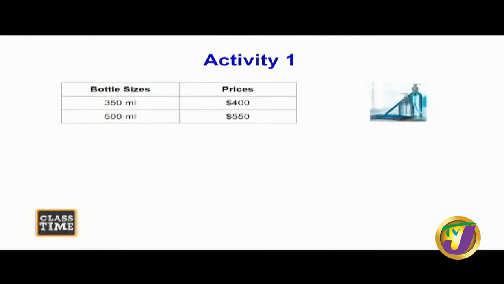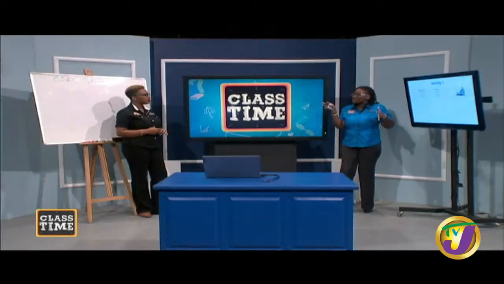But I see that the highest common factor for these values is 50. So I'm thinking that we could break apart these bottles of sanitizer into smaller parcels, 50 milliliters each. And then we'll compare some prices.